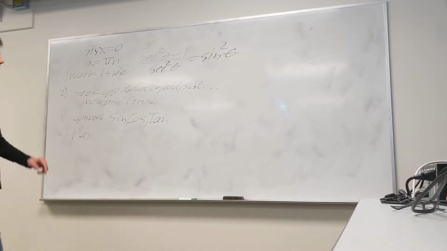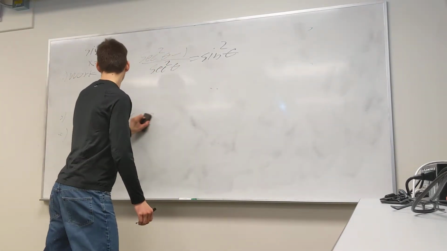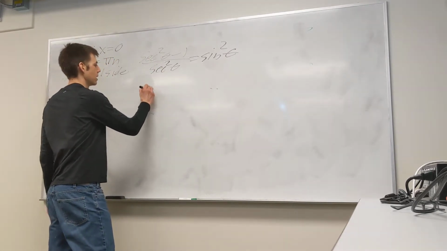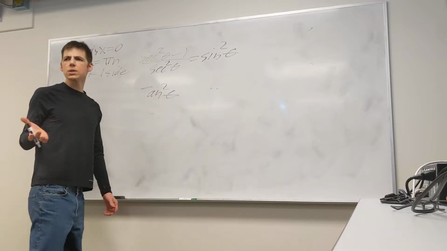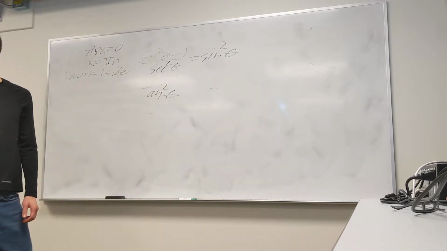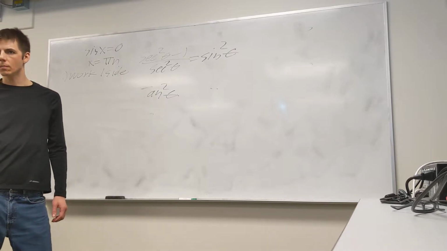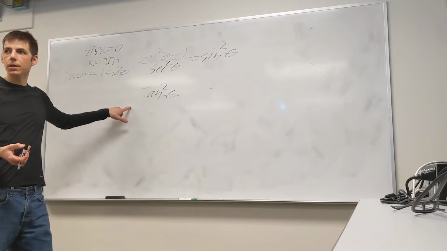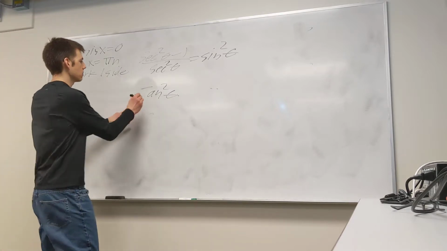Okay, so let me rewrite this. So the top here is tangent squared theta. What is secant squared theta, by the way? Secant? 1 over cosine. And so 1 over secant squared theta is actually cosine squared theta, right?